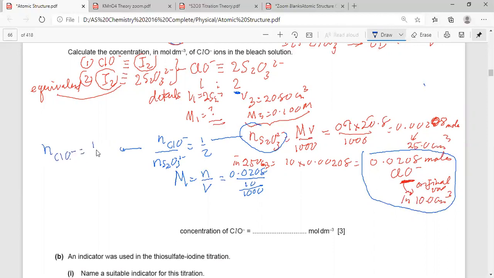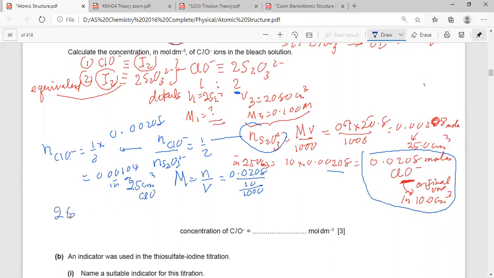Yeah, it's a lot of going up and down. Times the number of moles here at first, which is 0.00208. That means it's equal to 0.00104. Now here is wrong, okay. You can go back, doesn't matter. So find 25 cm³.